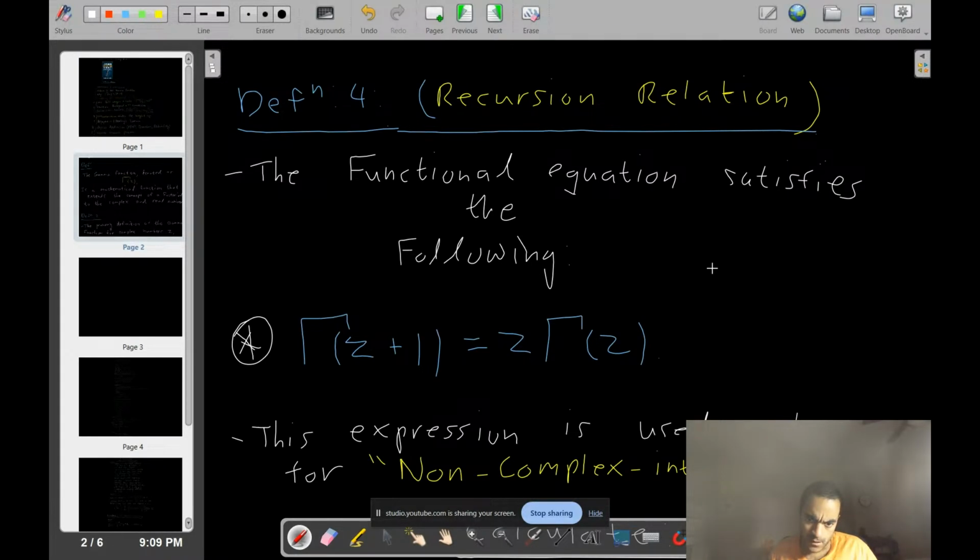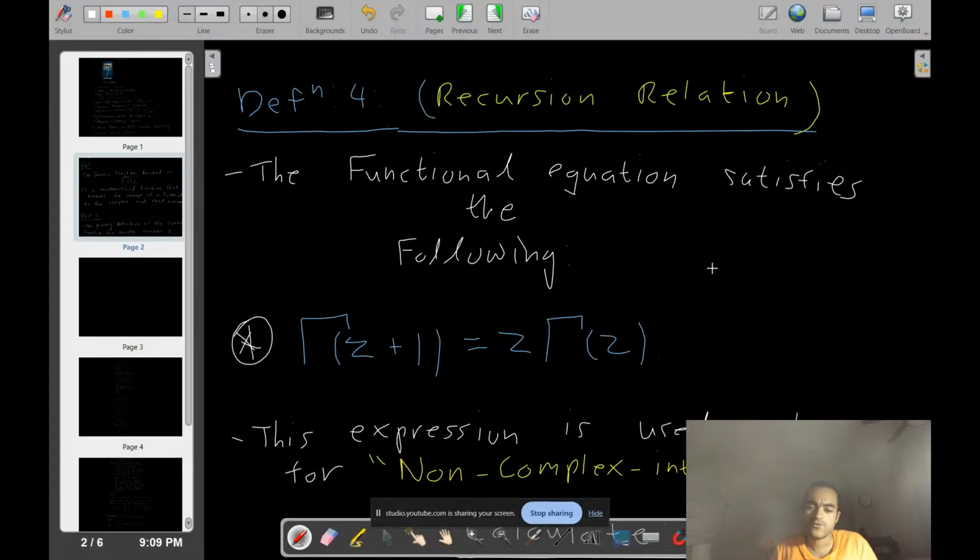Definition 4. If any of you have ever seen the recursion relationship, it has to do with a functional type of equation. You don't need to know what functional equations are, and my book does not go through them.